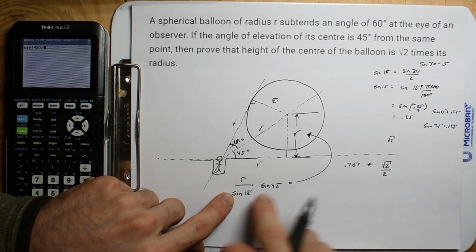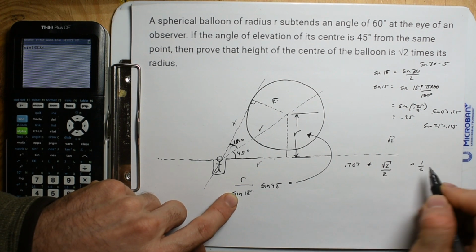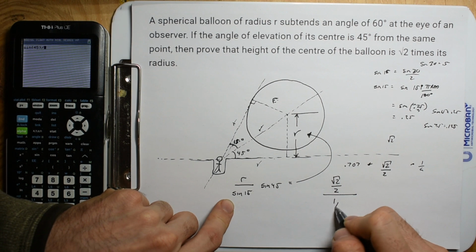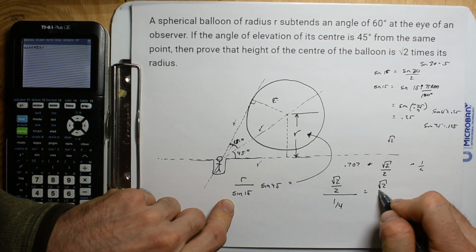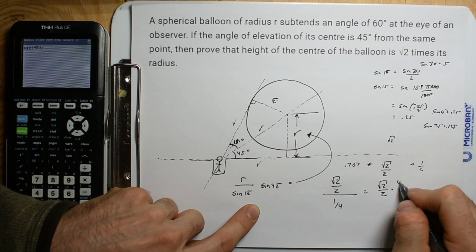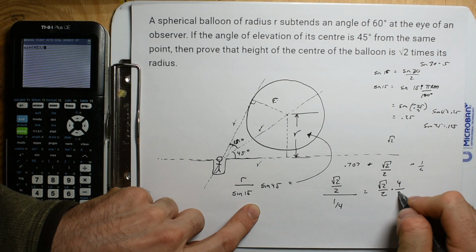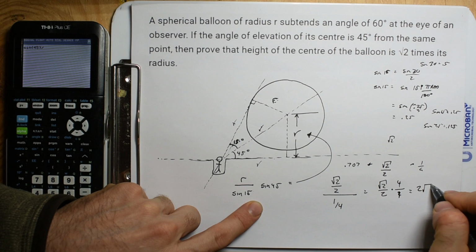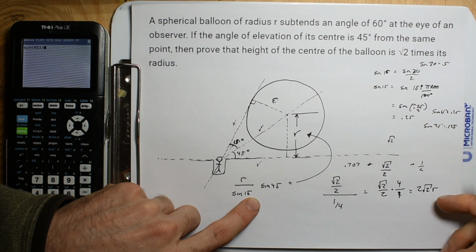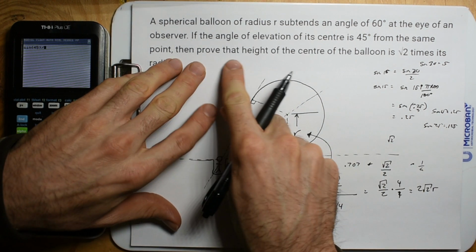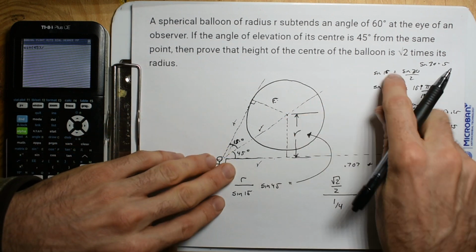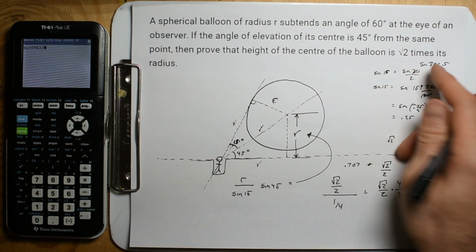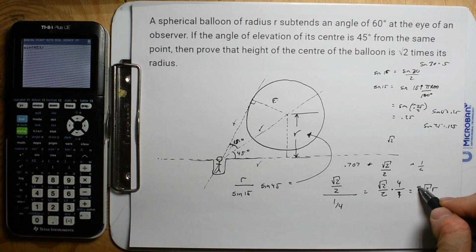And then I just said sine 15 is approximately 1/4. So I'm going to have square root 2 divided by 2, divided by 1/4, which is the same thing as square root 2 divided by 2 multiplied by 4 over 1, which is going to be 2 square root 2 r. So then, prove that the height of the center of the balloon is square root 2 times its radius, square root 2r. Why am I getting 2 square root 2?